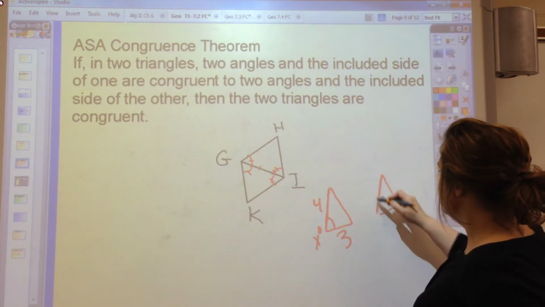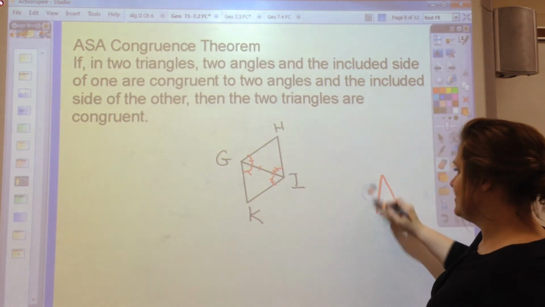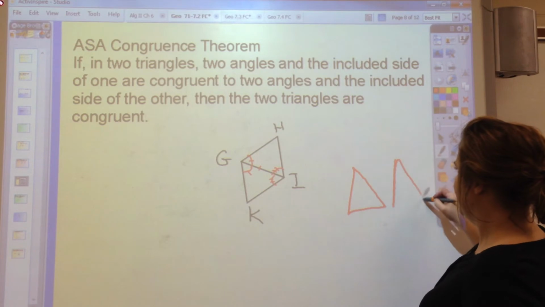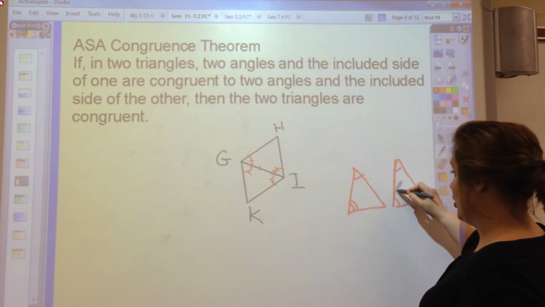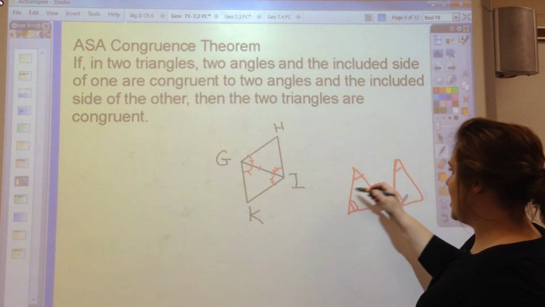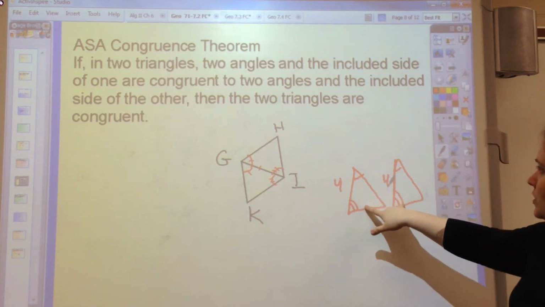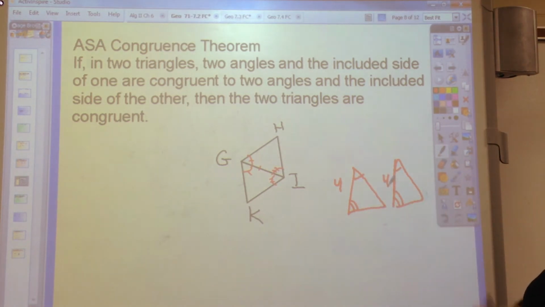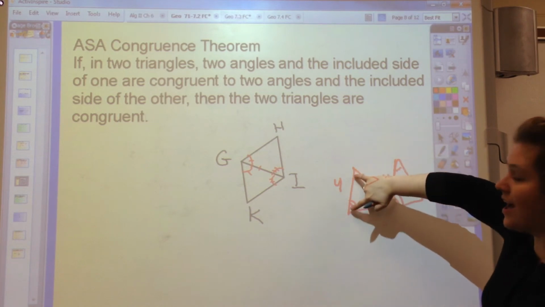If I have another triangle, oh, I'm sorry, I'm doing side angle side again, aren't I? Silly. If I know these angles are congruent and the side length in between them, let's say, is 4, these two triangles have to be congruent because the angle, side, angle theorem would apply. You know the side length and the two angles on the ends.